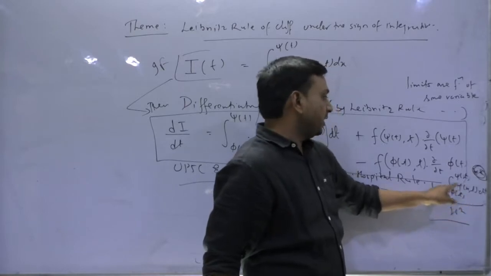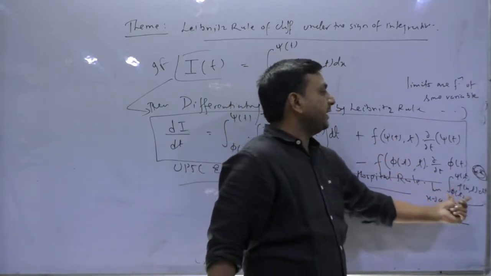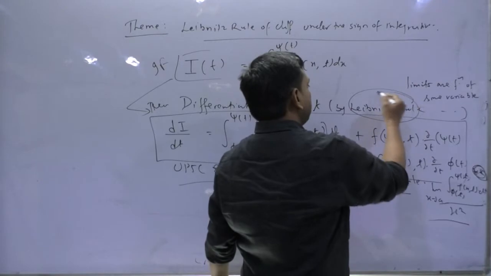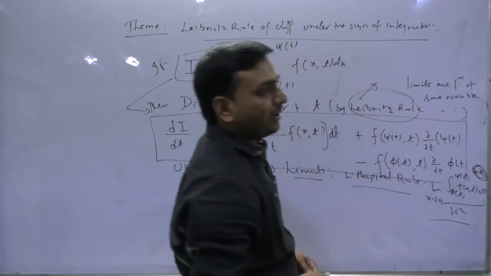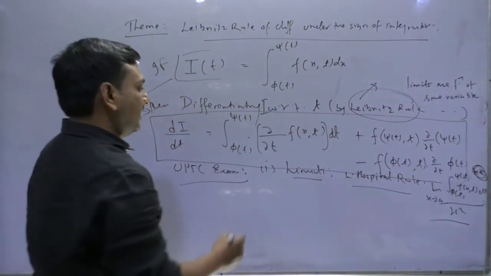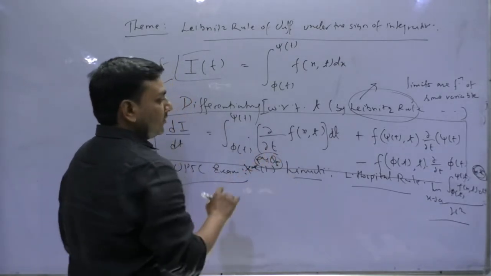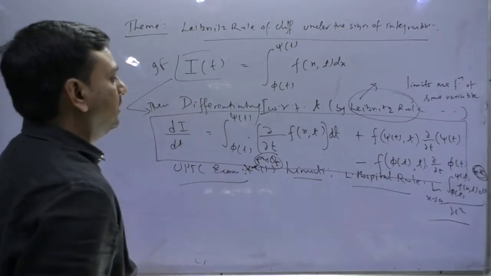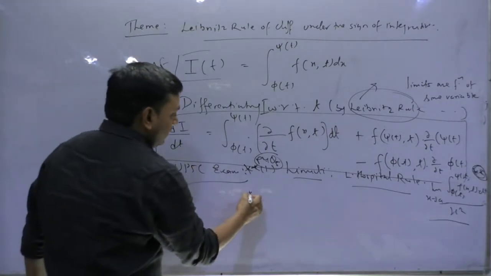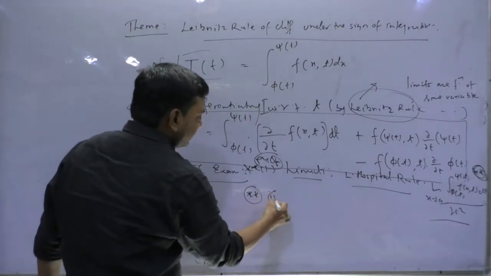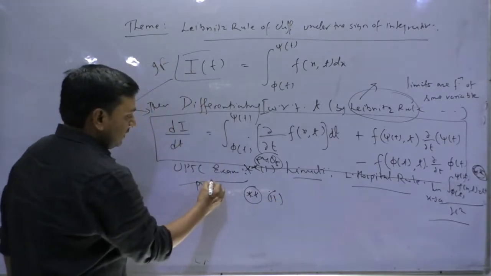So whenever you have to differentiate the integral, please remember, please fall in love with the Leibniz rule. So that is CSIR exam के लिए PYQs you can have from the limits वाला chapter. Other part, second probable questions, okay.